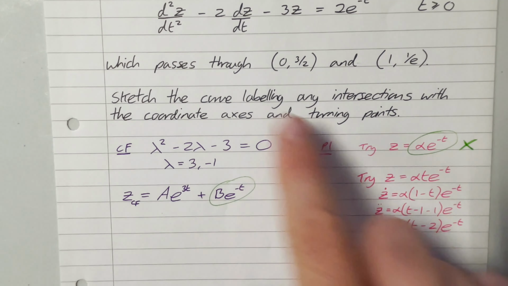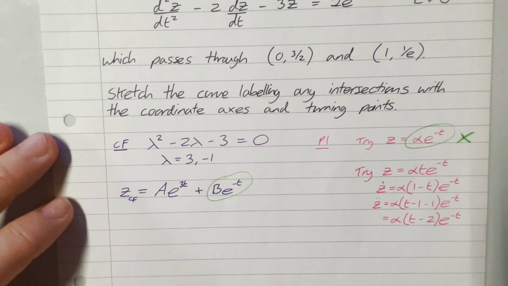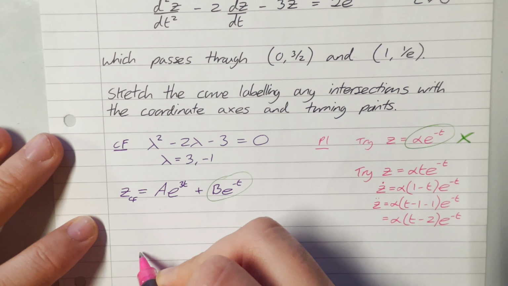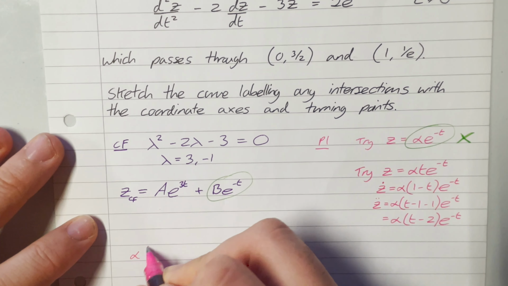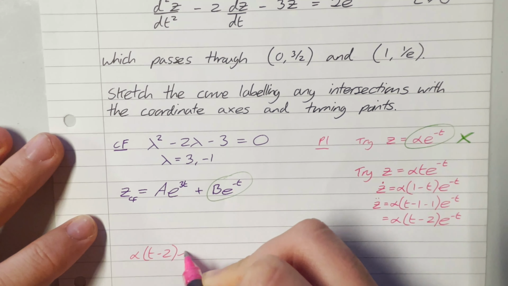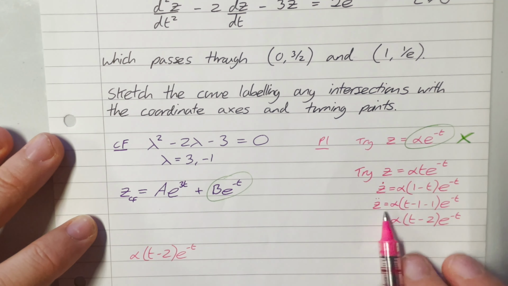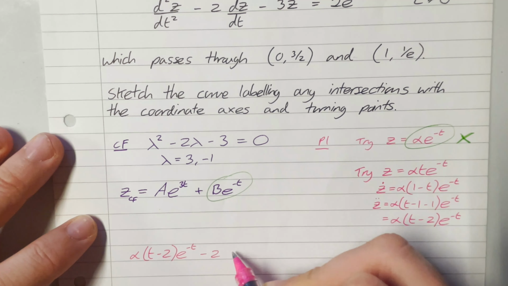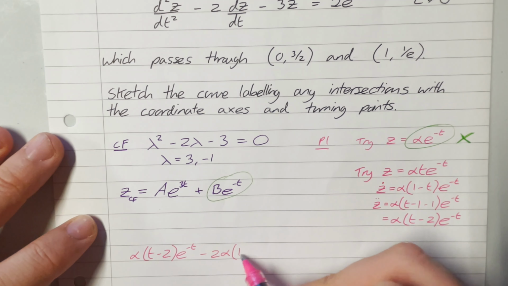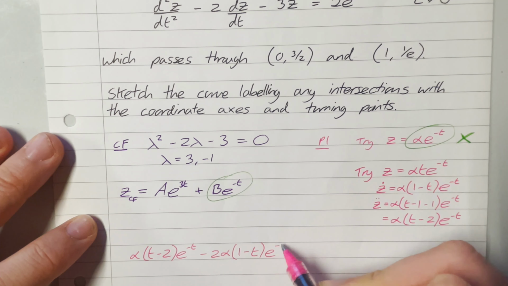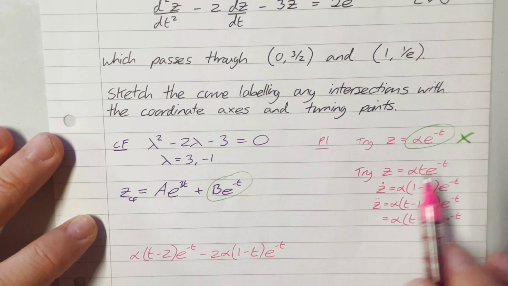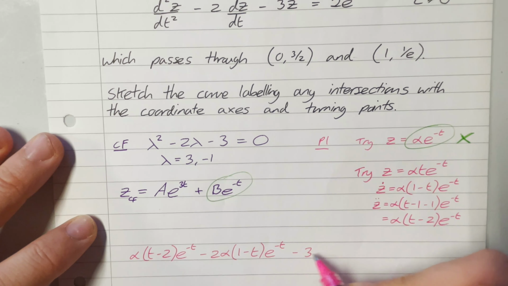So I'm going to take those two definitions and plug them into here to get me a value for alpha. So that's going to be alpha into t minus 2 e to the minus t, minus 2 of the first derivative. So I'm going to get minus 2 alpha into 1 minus t e to the minus t, and then I've got minus 3 times the function, so it's minus 3 alpha t e to the minus t.